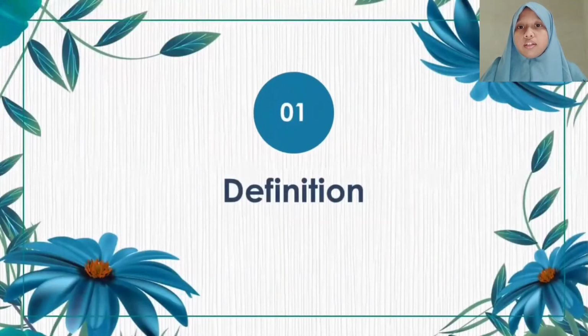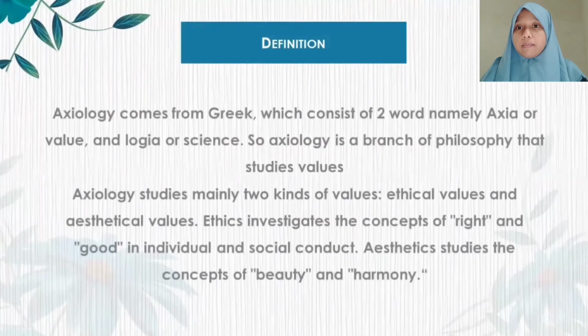First is definition. Definition of axiology. Axiology comes from Greek, which consists of 2 words, namely Axia or value and Logia or science. So, axiology is a branch of philosophy that studies values.